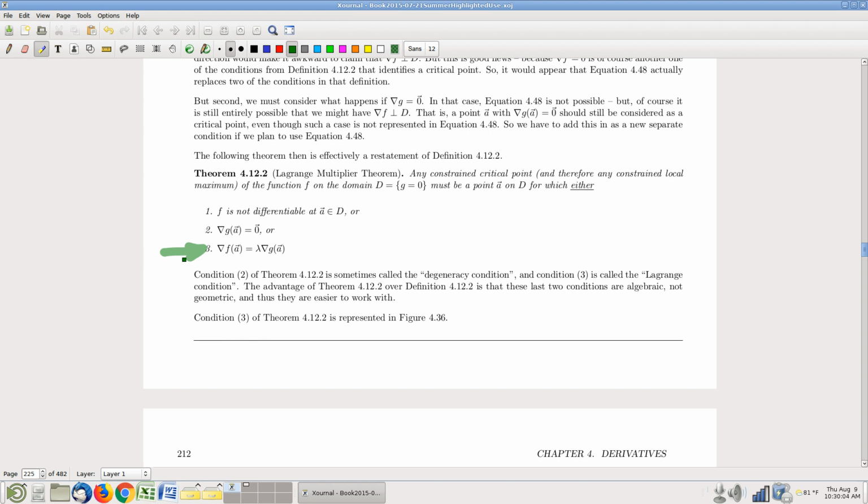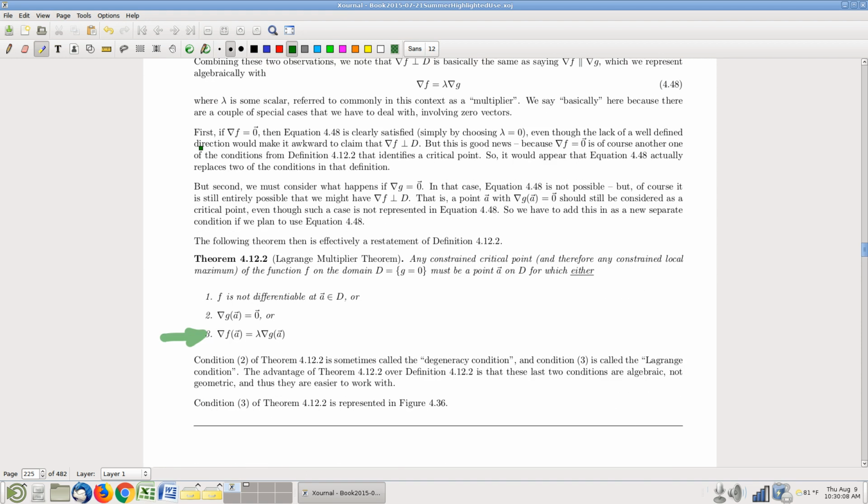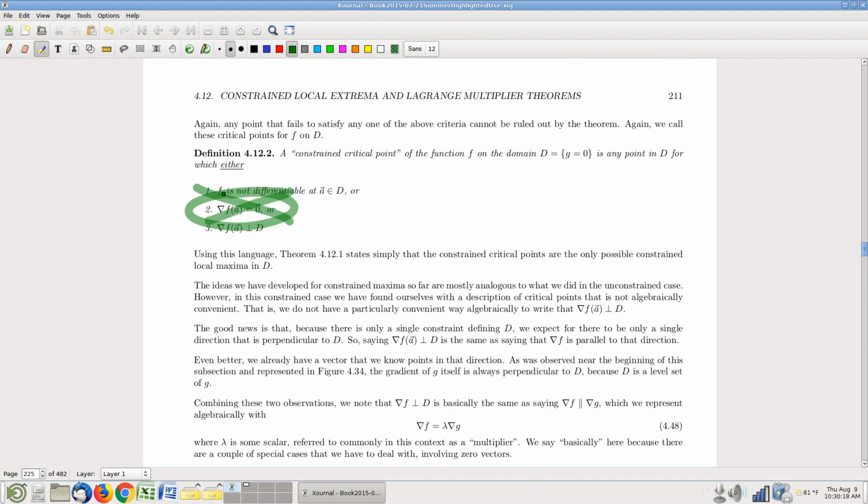So I can really just throw this away now that I've written this multiplier equation. There's just a multiple of gradient of g, a multiple of one vector that gives you the other vector. Having written that down, I don't need to write this gradient of f being 0 anymore at all. I can just toss it. So I didn't change it. I threw it away.